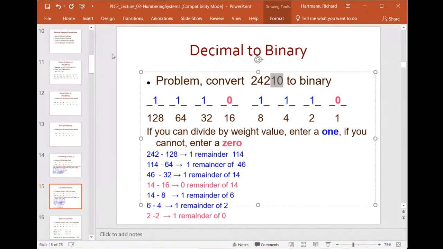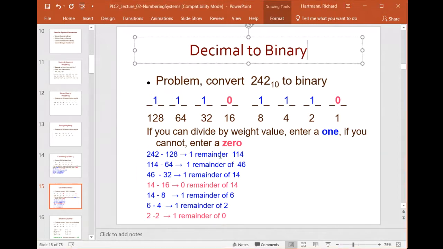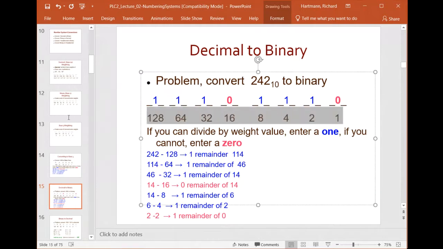And what I'm going to do is convert that to binary. Since I'm converting it to binary, which of course is base 2, I'm going to write out this table like this.